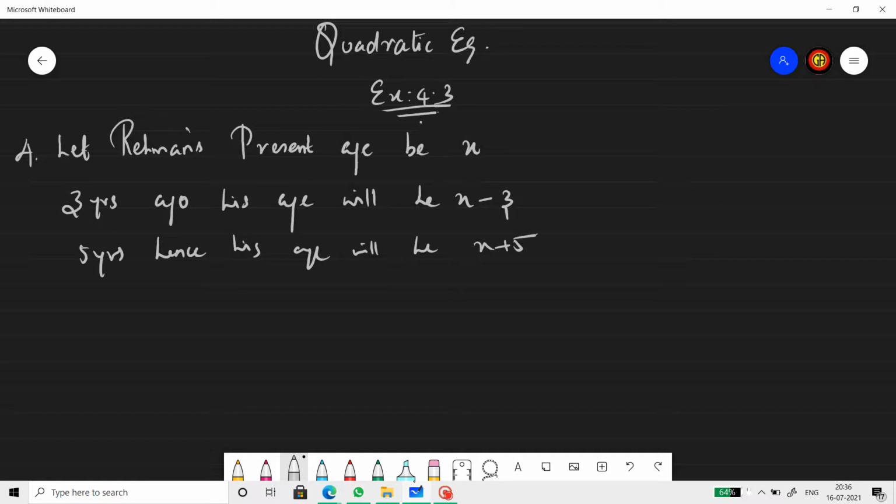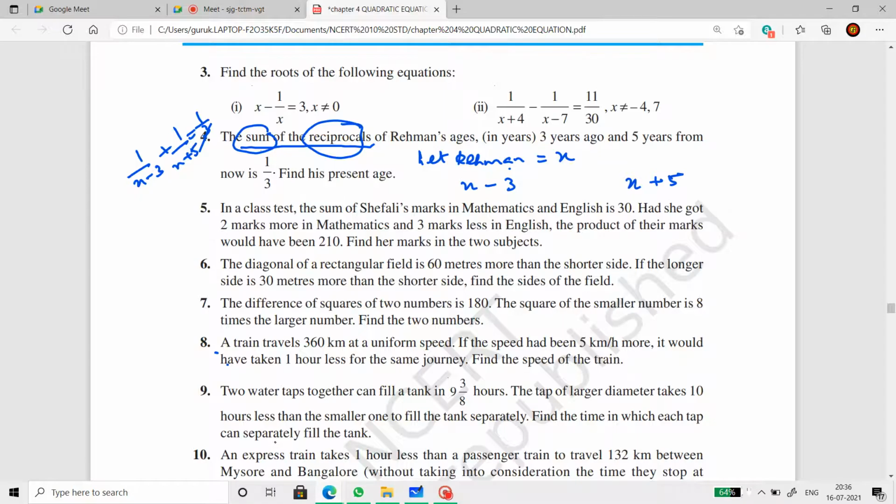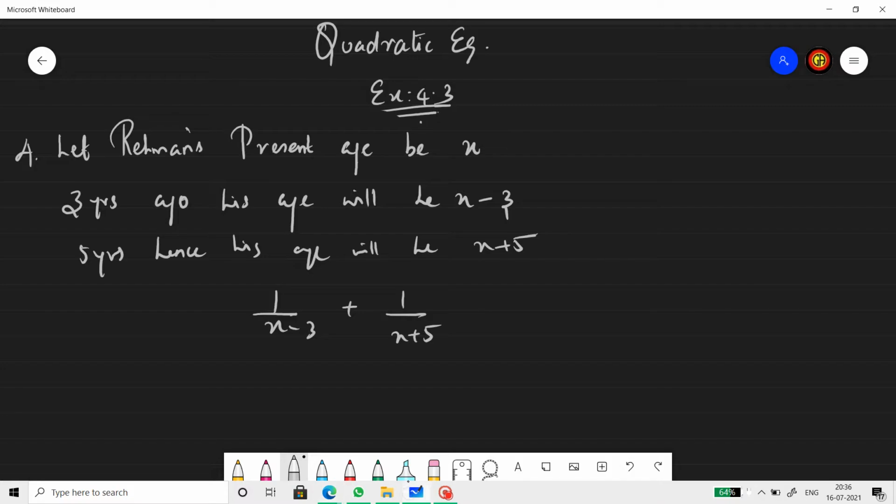And according to the question, it is sum of the reciprocal. So reciprocate the age, then sum it up, that means add it, which is equal to 1 by 3.